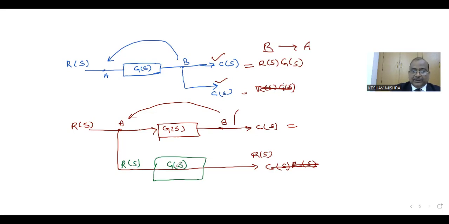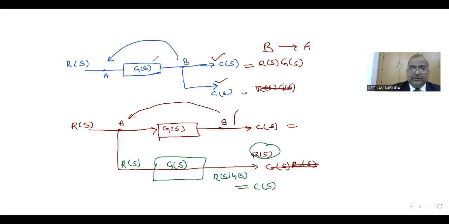If we introduce this block with transfer function Gs, then instead of Rs we will get Rs into Gs. It means this is equal to Cs.